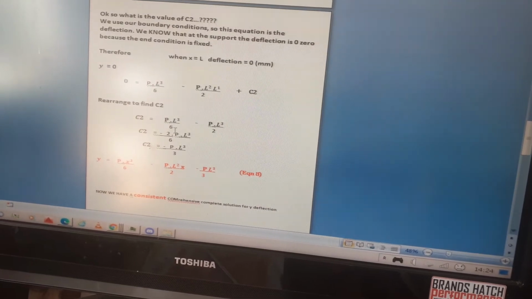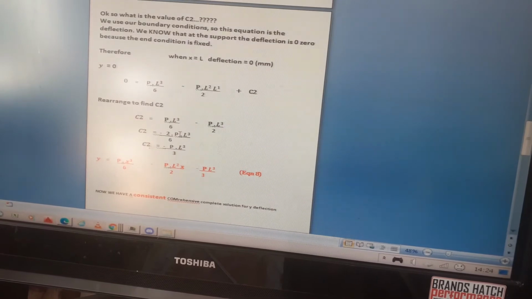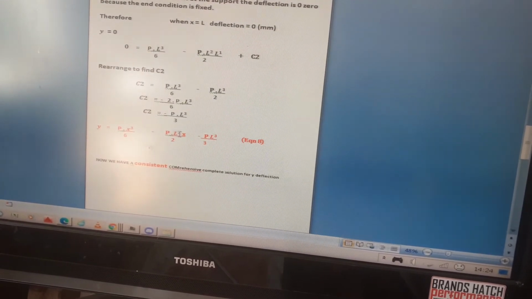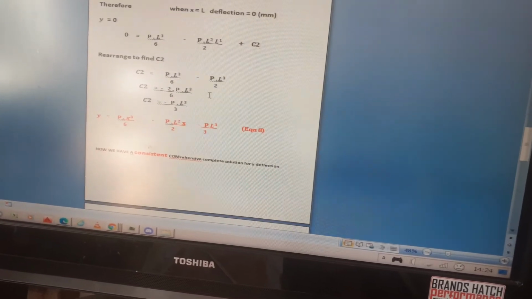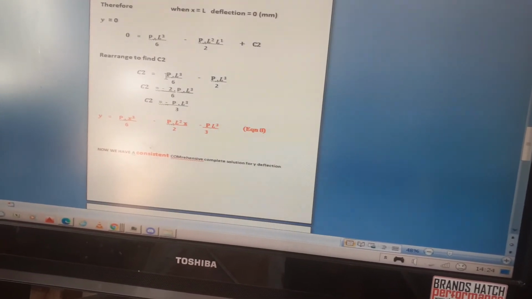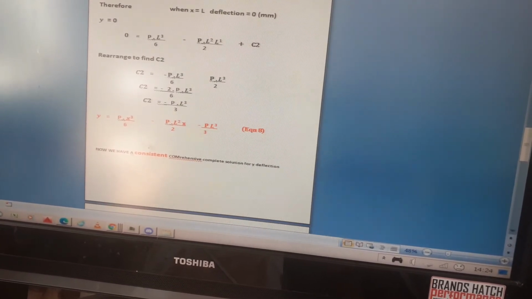PL cubed divided by 6. I've made a little mistake with the signs there. That should be minus, and this should be plus.